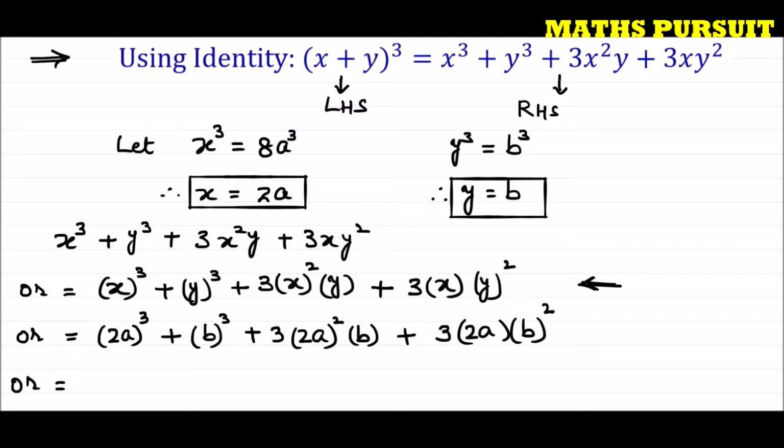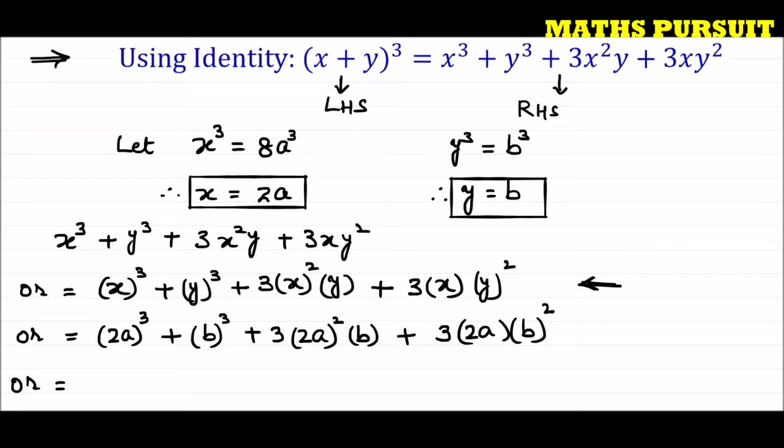So we got 2a to the power 3 plus b to the power 3 plus 3 into 2a square b plus 3 into 2a into b square.